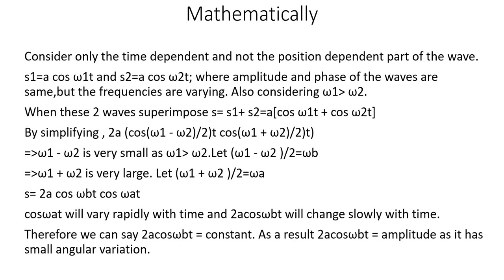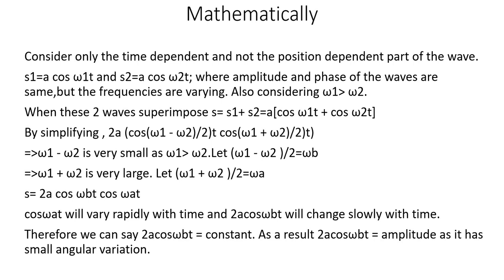Omega 1 minus omega 2 is very small because both have almost the same frequency, and it is already given that omega 1 is greater than omega 2. So we write (omega 1 minus omega 2)/2 as omega b, and omega 1 plus omega 2 is very large, and (omega 1 plus omega 2)/2 we write as omega a. So the net displacement is 2a cos omega b t cos omega a t.